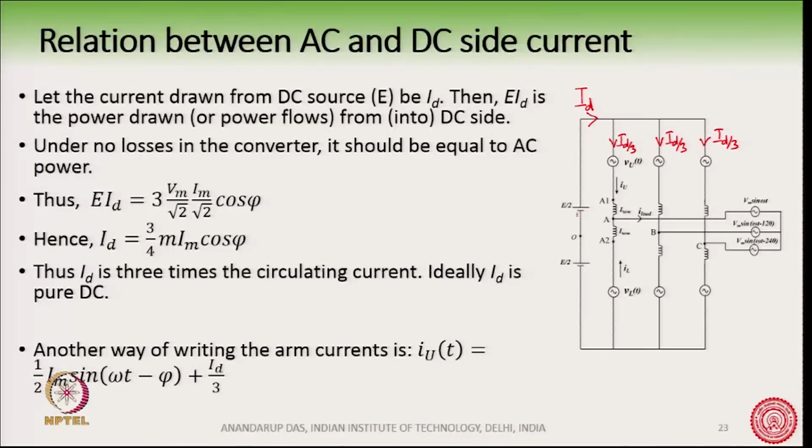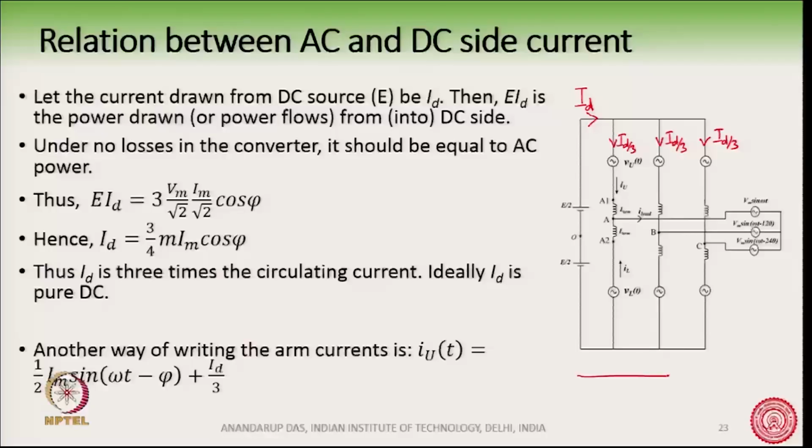Then what is the power flowing from the DC side? The DC side power flowing is E ID. We assume that the power is flowing this way from the DC side into the AC side. Now, if the converter is ideal, if there are no losses in the converter, then this will be equal to the AC power which is flowing out from the converter.